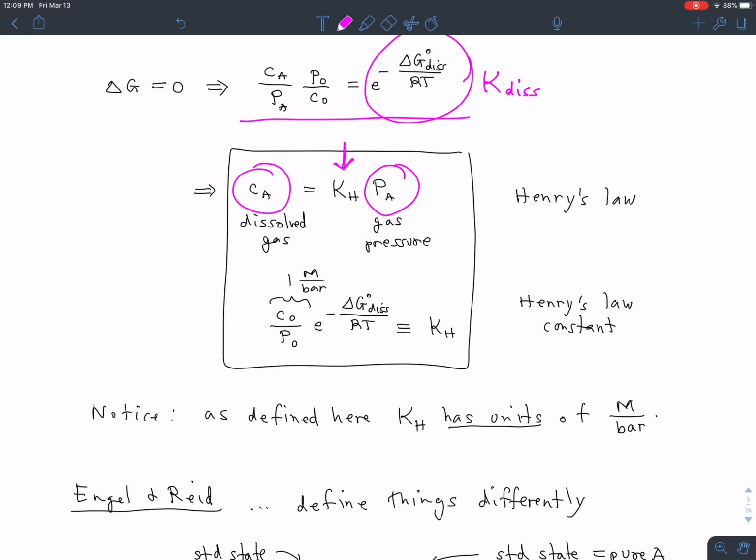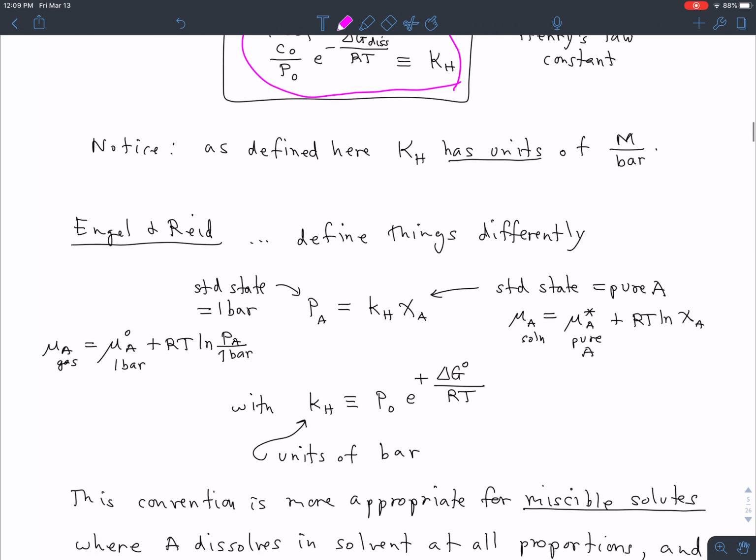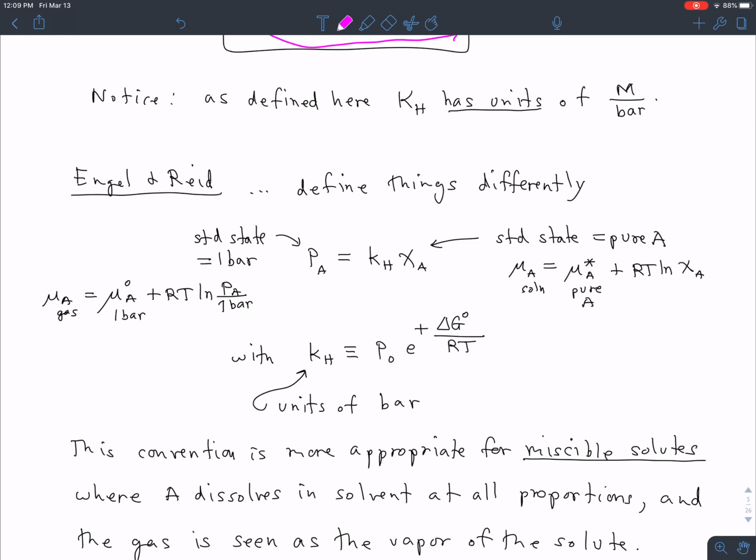So in this case, we're defining the Henry's law constant as a relationship between molar concentration and pressure in bar units. But the book, for example, defines the same kind of thing in a slightly different way.